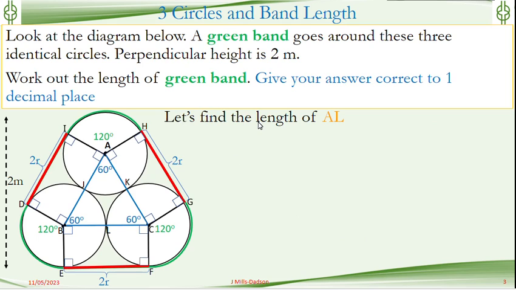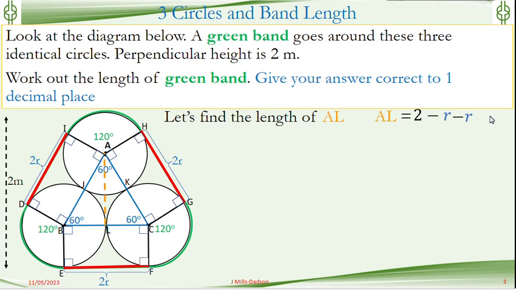Let's find the length of AL. If you look at AL, now AL is more or less equal to the full 2 meters. Look at this 2 meters. But if I take out a radius, and I take out this radius, I will be left with AL, as you can see here.